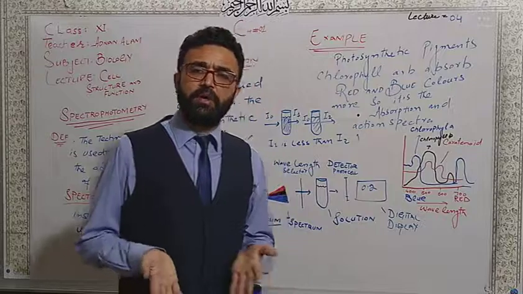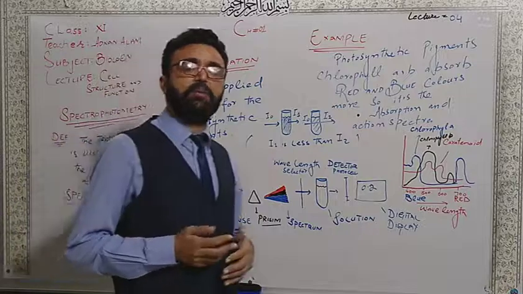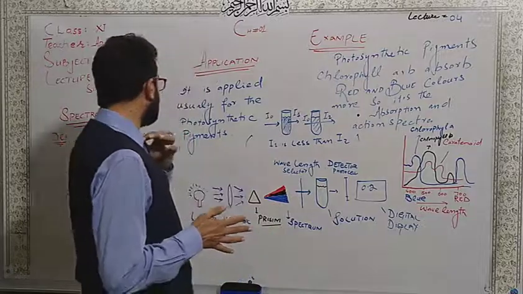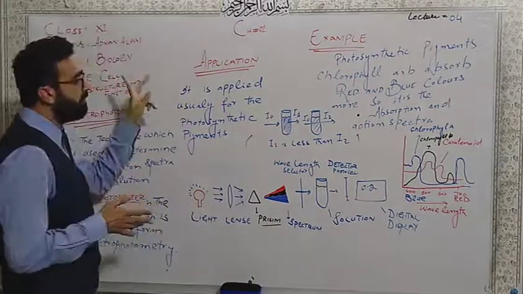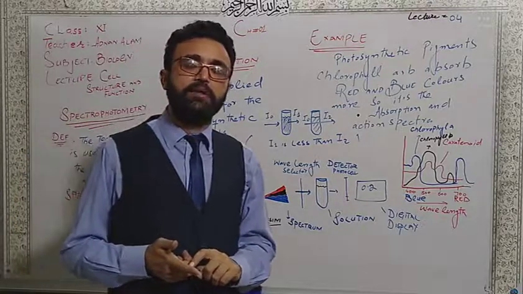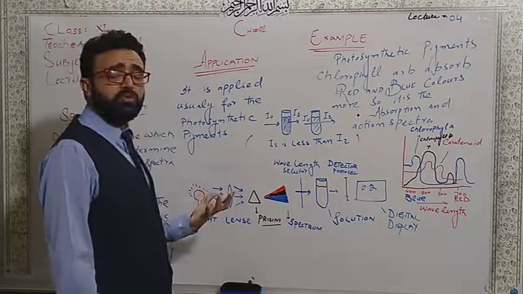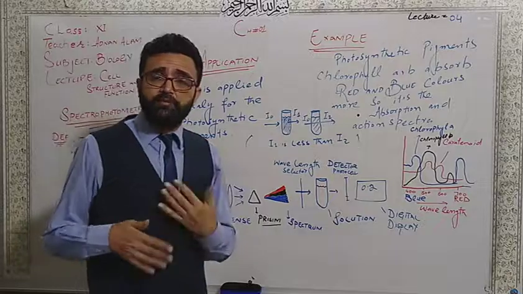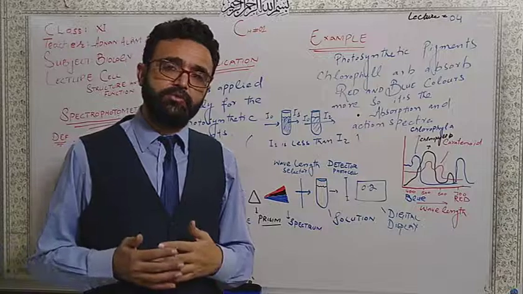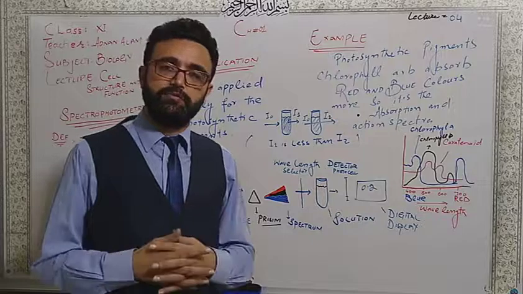All of you are well aware of chlorophyll and carotenoids, which perform the process of photosynthesis. So usually through this technique we find out which wavelength is effective for the photosynthetic pigment. Along with that, it is also used for different compounds to determine what sort of wavelength they absorb and what sort of wavelength is useless for that compound.